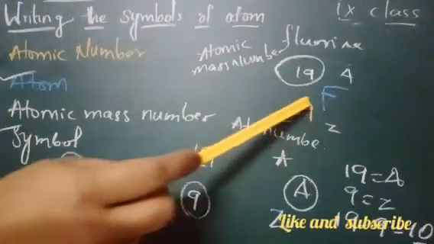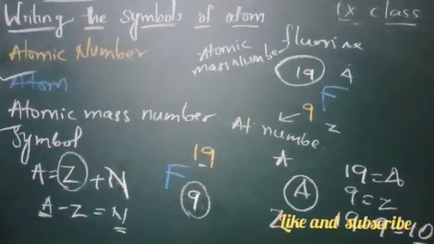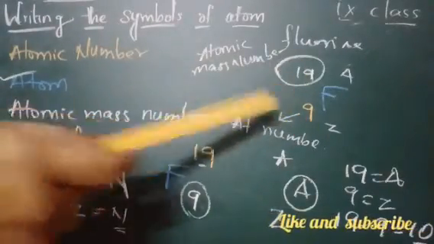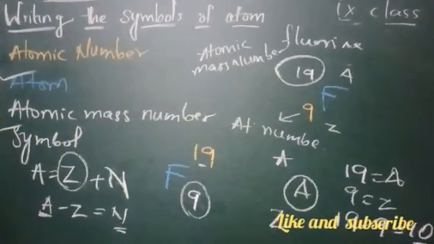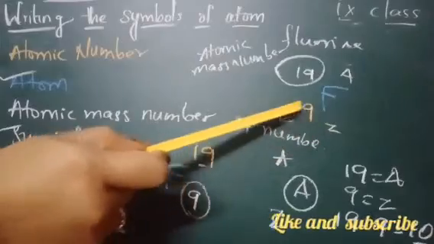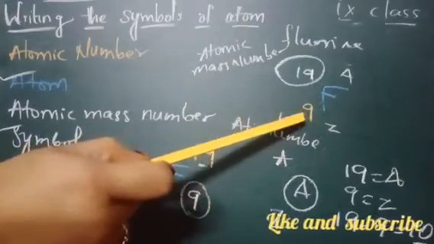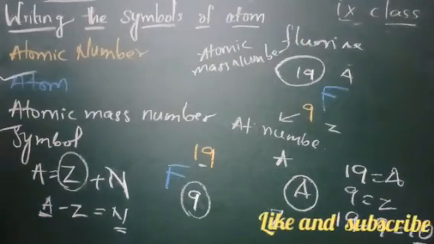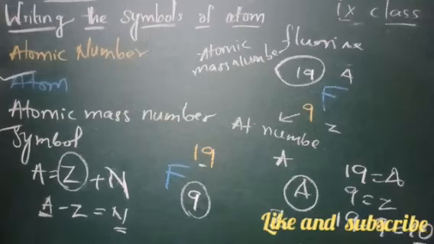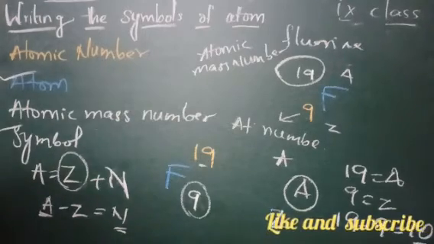Then here we will write atomic number. Right? Then how easy it is to find the number of neutrons. Simply what we will do? We will subtract this atomic number from this atomic mass number and simply we will get the number of neutrons present in an atom. So, I hope this is clear, children.